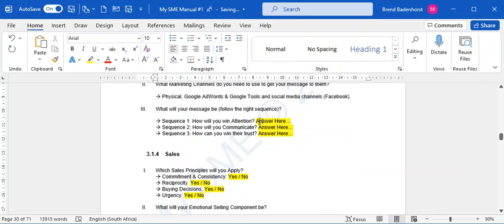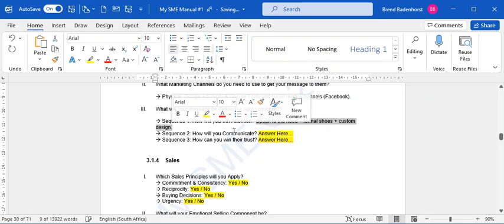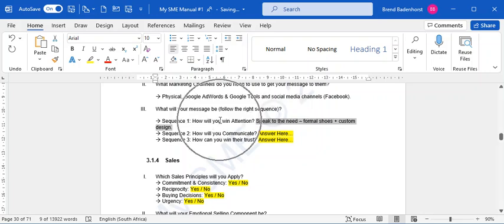Okay, what's my message going to be? How will I win their attention? I will definitely have to speak to the need, which is formal shoes. That's what my ad needs to state. And I will add to this custom design. That's my unique advantage. That's my value proposition that will win my market's attention. How will I communicate to them?